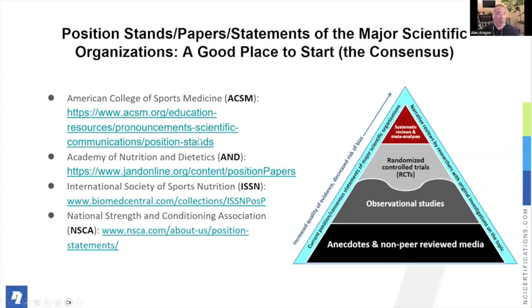And it goes on down the line. The American College of Sports Medicine and the NSCA cover the exercise side of the field. They have position papers too, but it is a great place to start to get what's known as the scientific consensus, also known as the reliable weight of the evidence on a given topic.